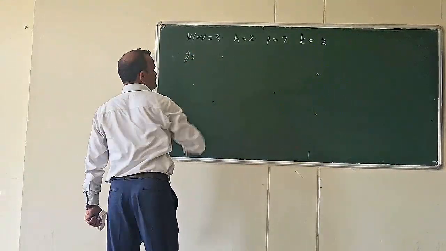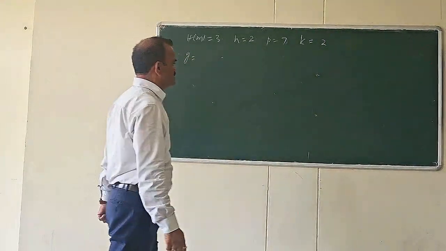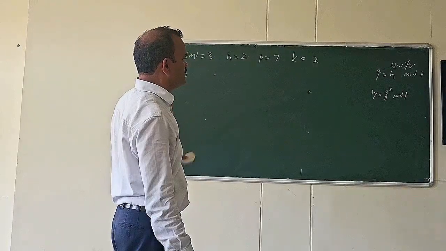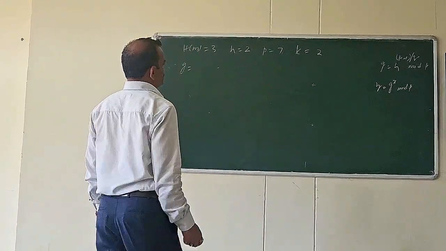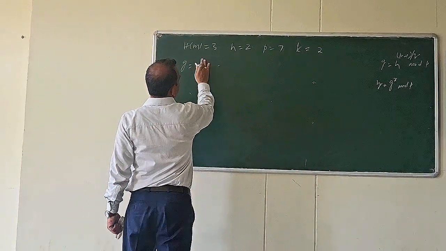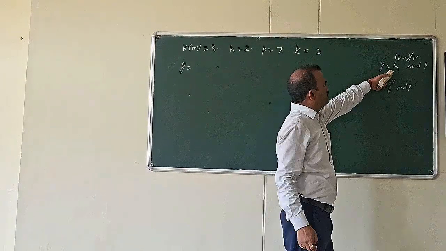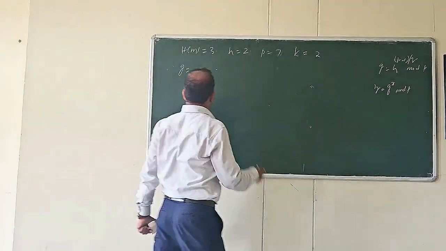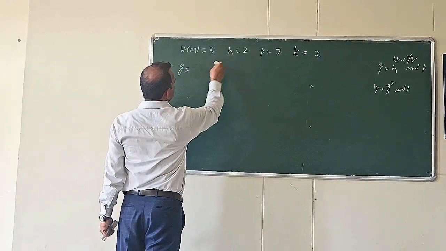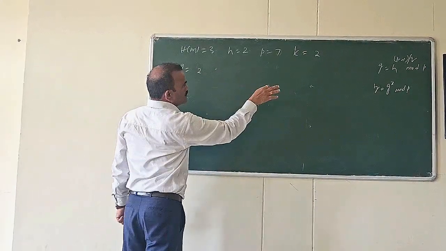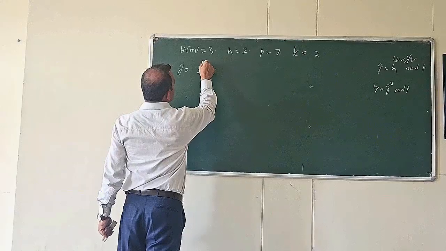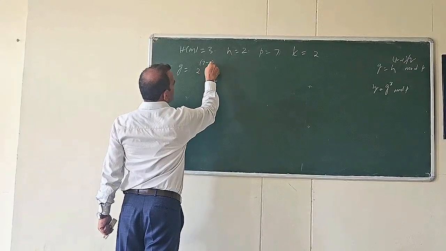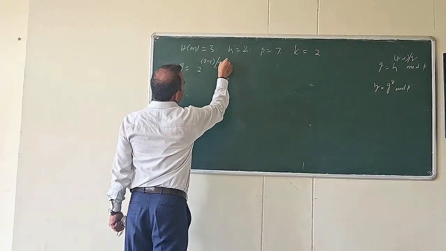First we calculate the value of g. g equal to h power (p minus 1) by q mod p. So we can substitute the values where h equal to 2 and the prime number p is 7, 7 minus 1 over q.